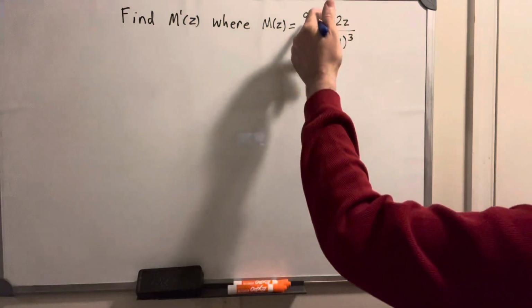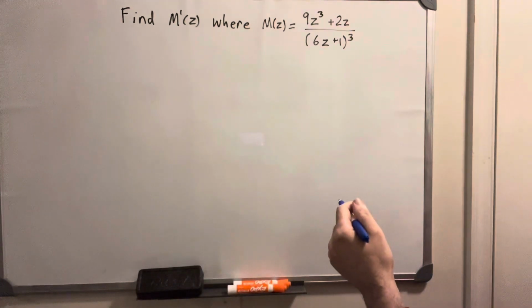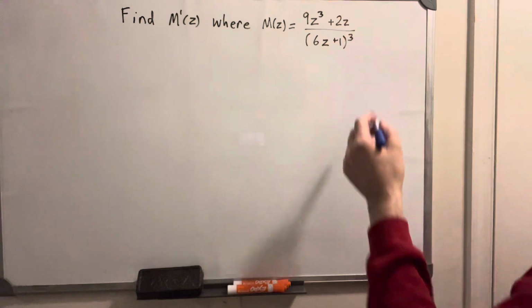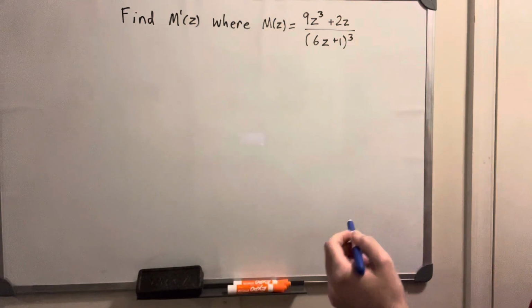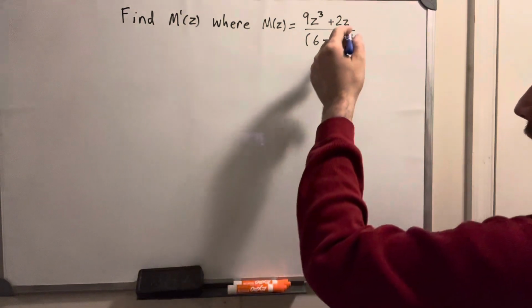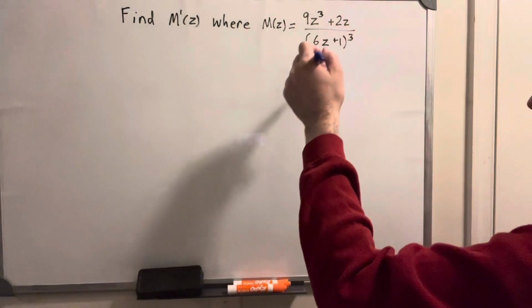First of all, would you rather work with a quotient rule, or would you like to work with a product rule? Personally, I like to work with the product rule because it's a little bit less complicated.